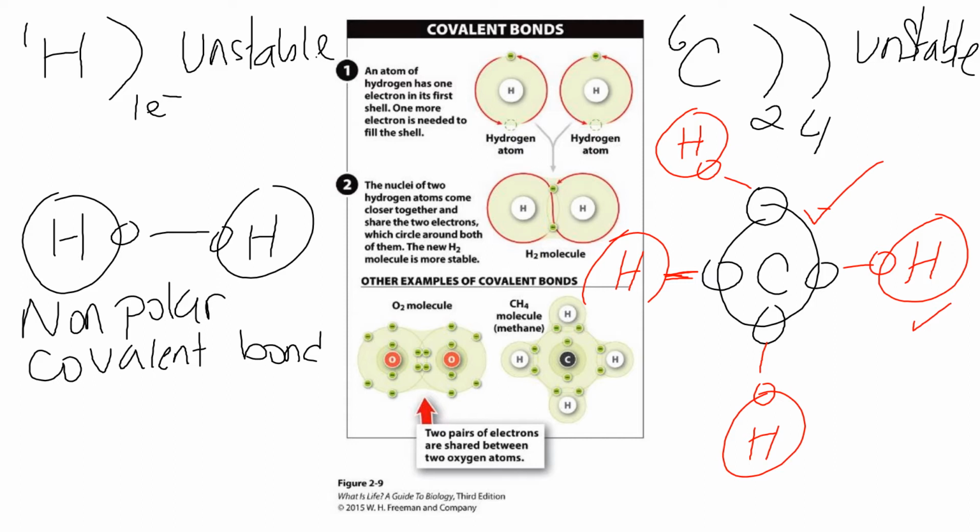So one more time, for elements to become stable, the last electron shell must be completely filled. For hydrogen, it just needs 2 electrons in its outer shell for it to become stable. For carbon and for so many other elements, their last electron shell needs to have 8 for it to become stable.